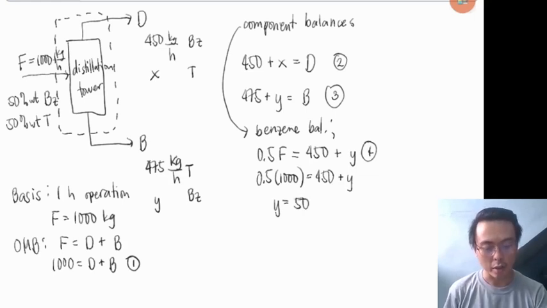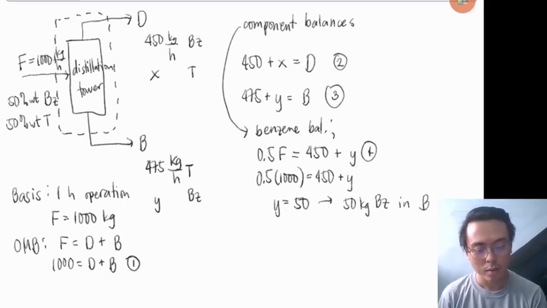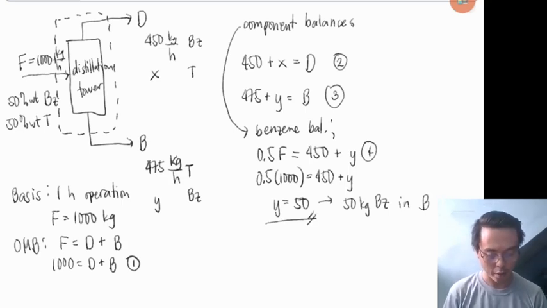Therefore, we interpret this as the bottoms product having 50 kilograms of benzene in the bottoms product. So we now have the value of Y.